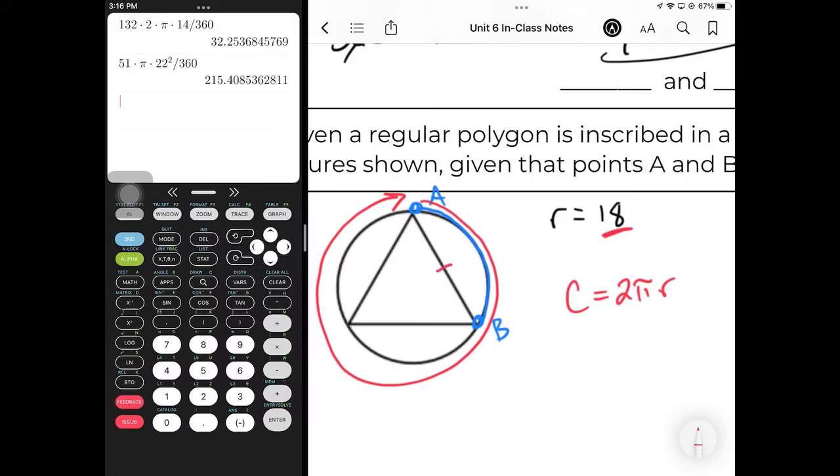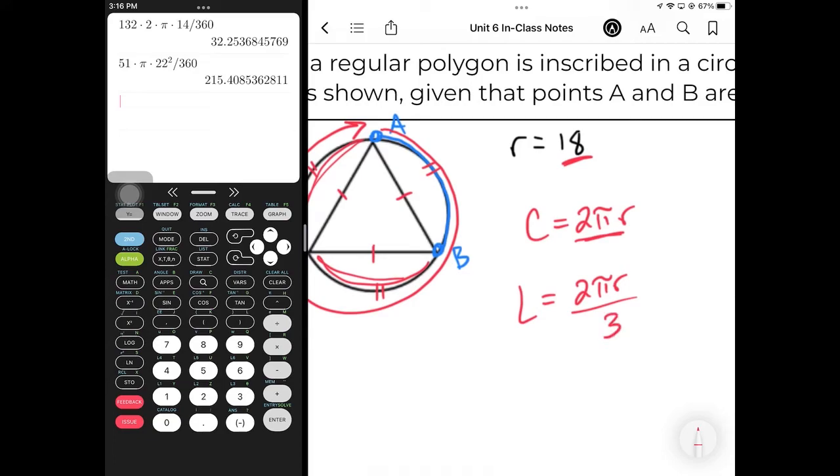But since each side of this triangle is congruent, each of these three arcs on the outside have to be congruent as well. So AB is the same as these other two. Well, that means there are three equal arcs that make up the entire circumference. So the arc length is equal to that total circumference divided by how many sides that polygon has. In this case, 3.